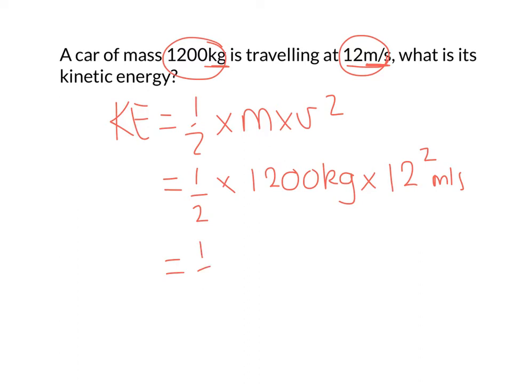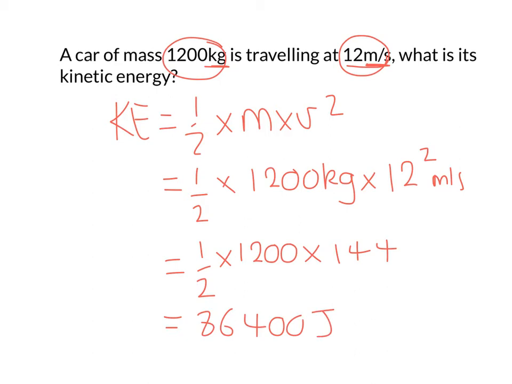So then we start to simplify. And the first simplification I'm going to do is work out 12 squared, and then I'm going to put that all in my calculator and find the answer. And the answer is 86400 joules.